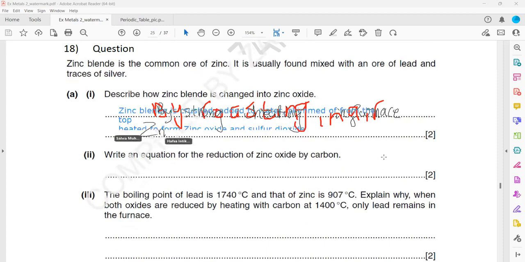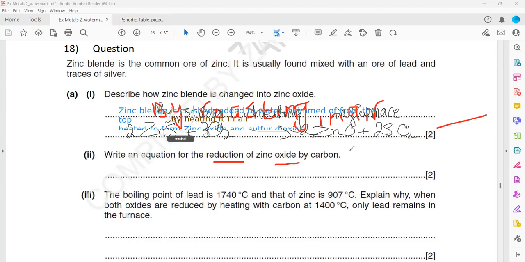Equation for zinc oxide reacting with carbon in reduction. How does zinc oxide react with carbon? The equation for that. Write an equation for reduction of zinc oxide by carbon.